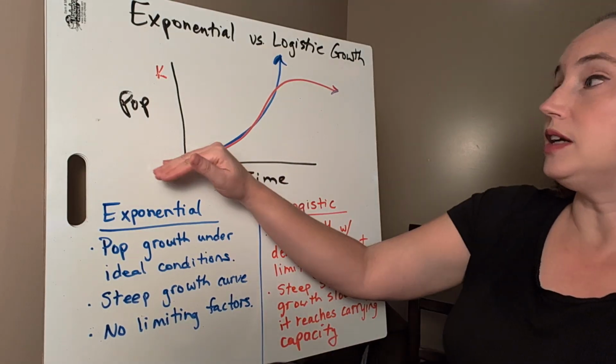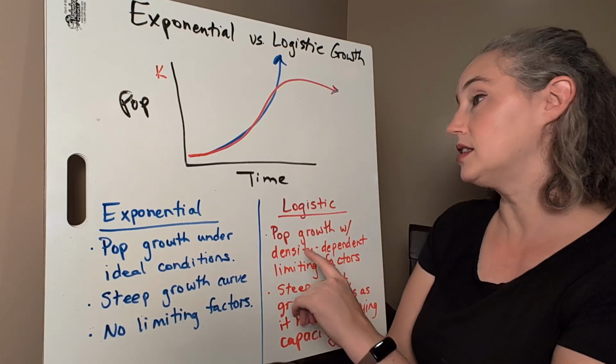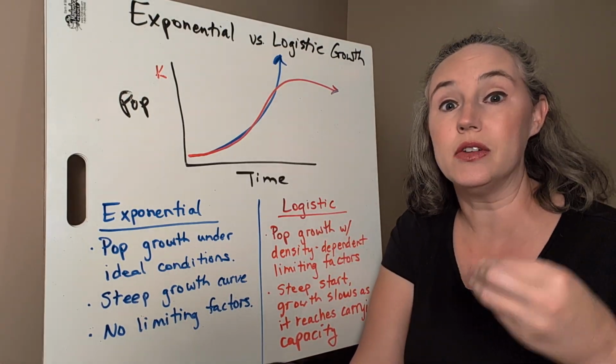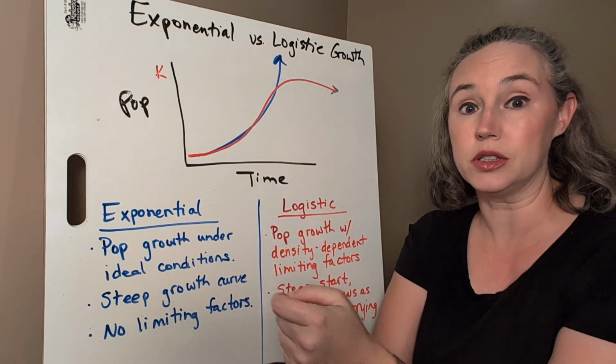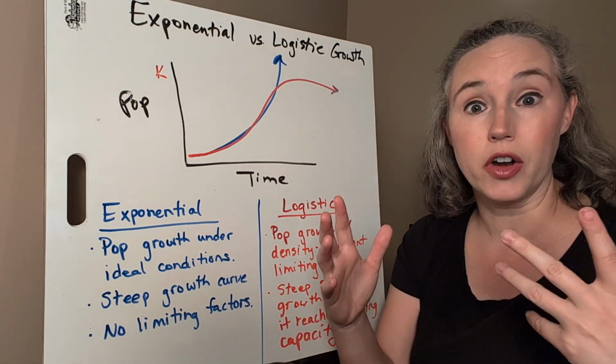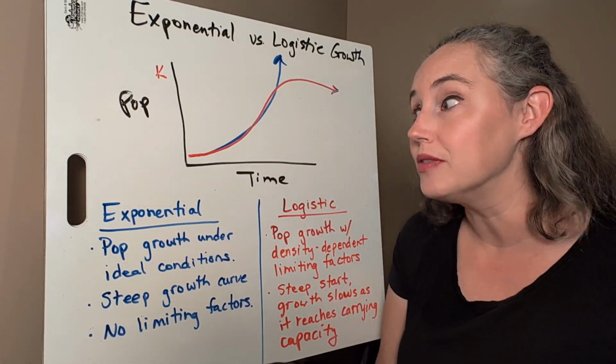The other type you'll see, if we follow our red line here, is logistic growth. This is basically what a population is going to look like if density-dependent limiting factors like limited food, limited space, limited water are in the scenario, which is more like real life.